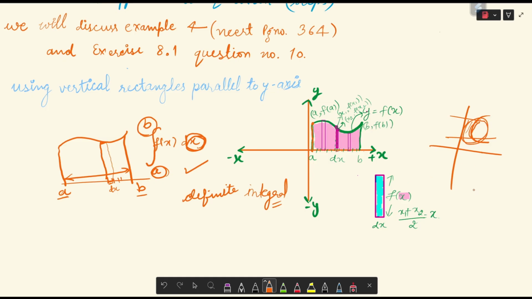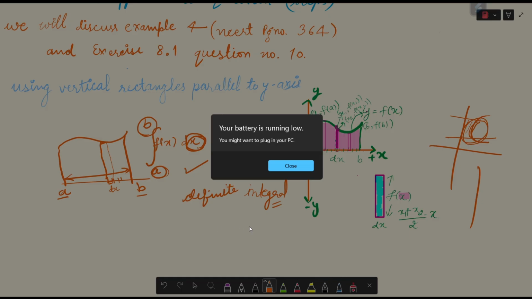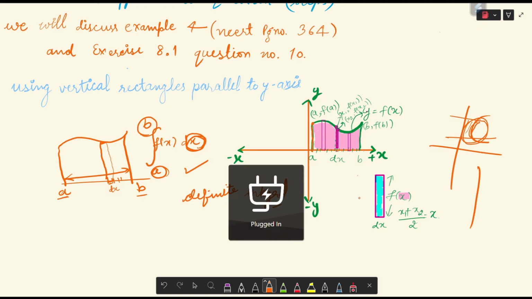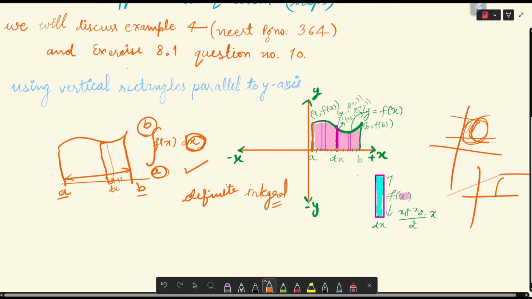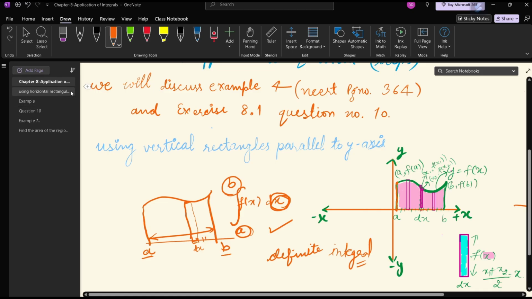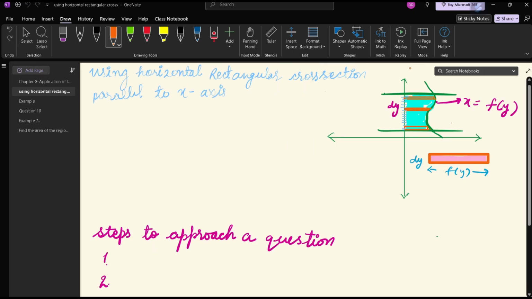So for this we have another concept, which is that we will make horizontal rectangles. We will make a horizontal rectangle for this. That is like this. We will divide this region into this. So I have made this diagram. So let's move on to the next page. So horizontal like this.